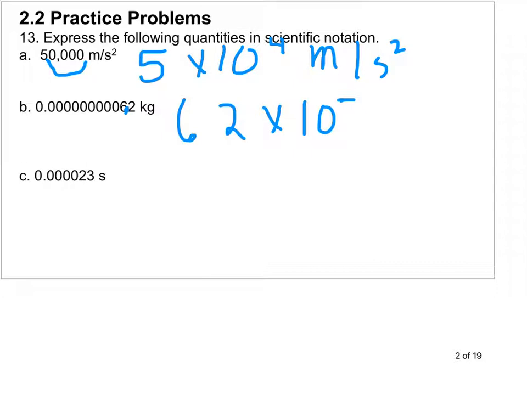On big numbers, it doesn't always work. So we got 1, 2, 3, 4, 5, 6, 7, 8, 9, 10. So it should have moved 10 spots. That makes it a negative 10, and that's kilograms.